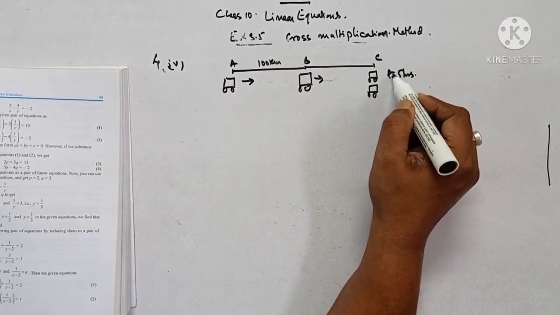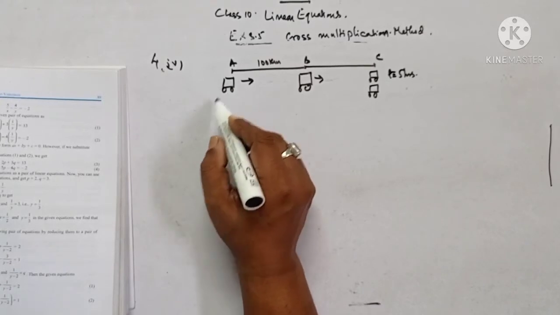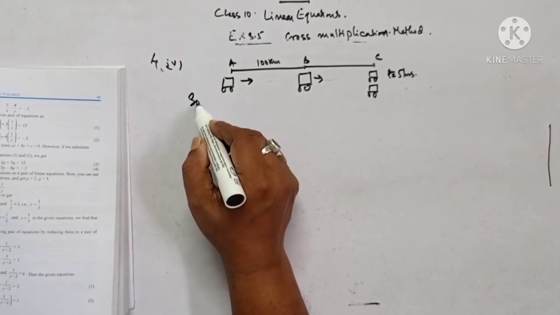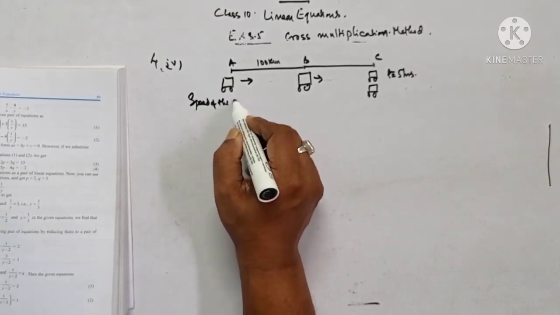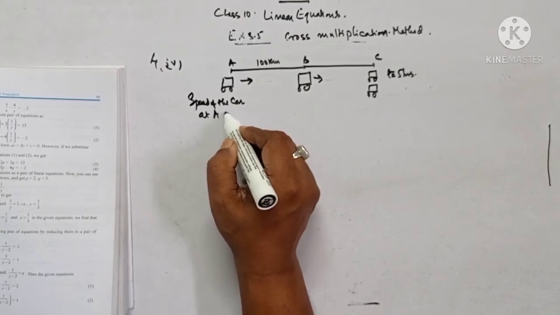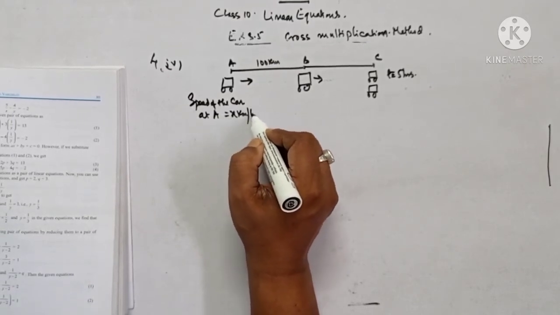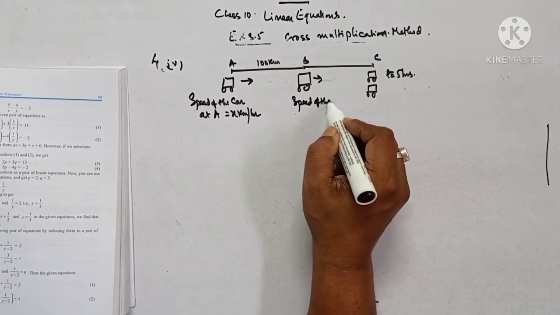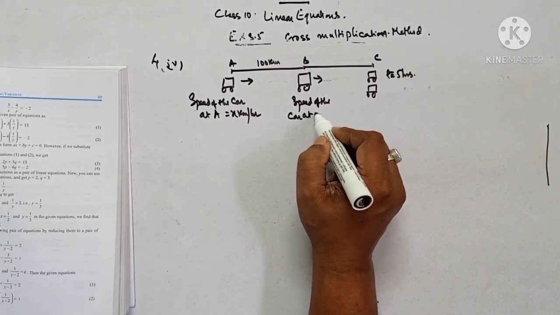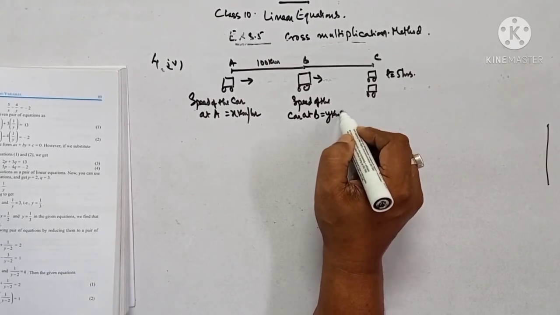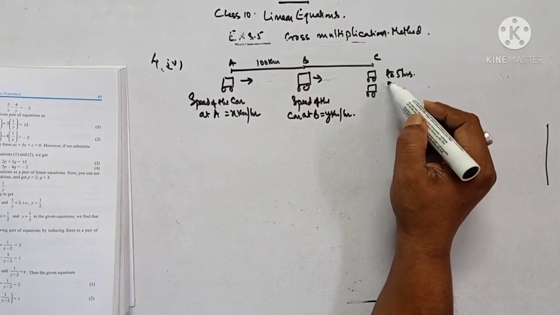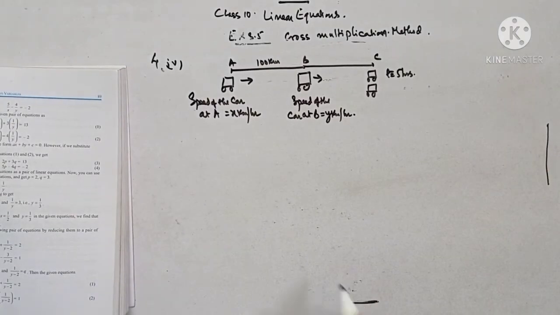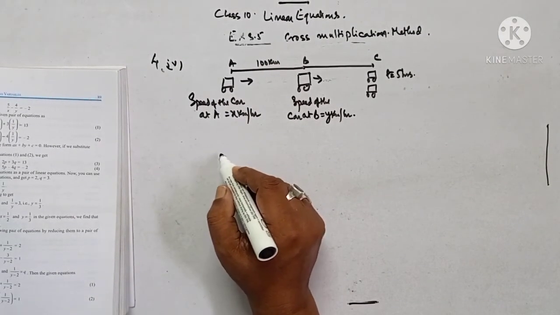Let us consider the speed of the car at A is equal to x kilometer per hour, and the speed of the car at B is equal to y kilometer per hour, and they meet at C. So how to solve it?